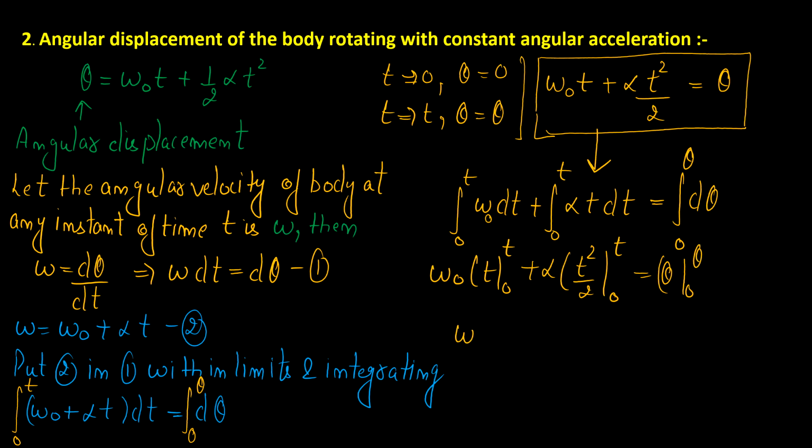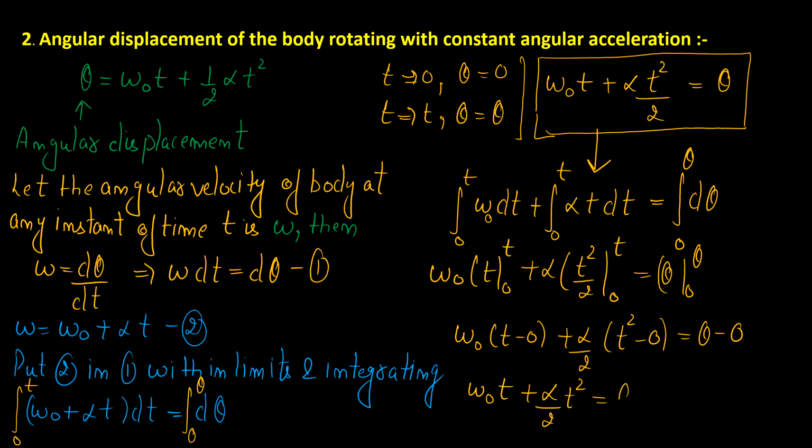Then putting limits, we get omega naught t minus 0 plus alpha upon 2 t square minus 0 equal to theta minus 0. Then solving, we get omega naught t plus alpha upon 2 t square equal to theta, which is our second equation. Theta equal to omega naught t plus half alpha t square.